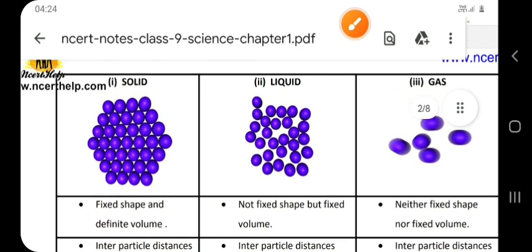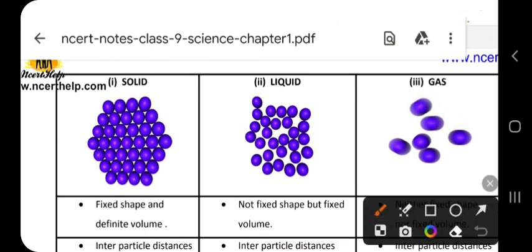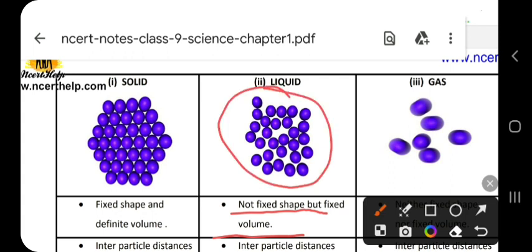Next, characteristics of liquid. They do not have a fixed shape but they have a fixed volume. For example, if I say you bring one glass of water for me, the one glass is the volume of liquid.